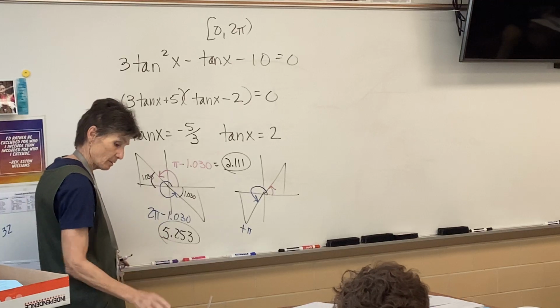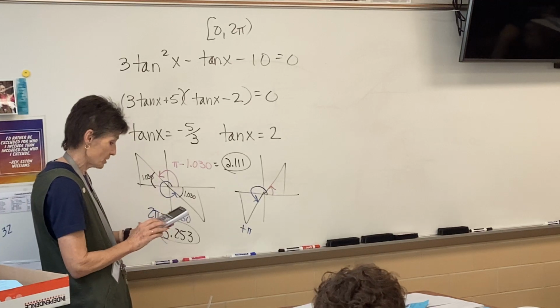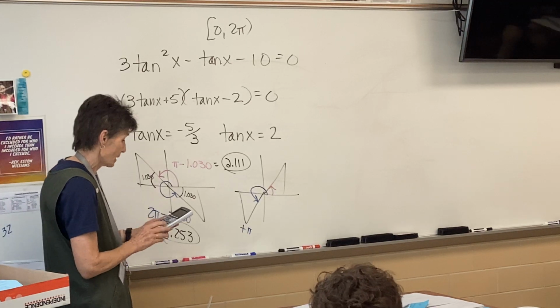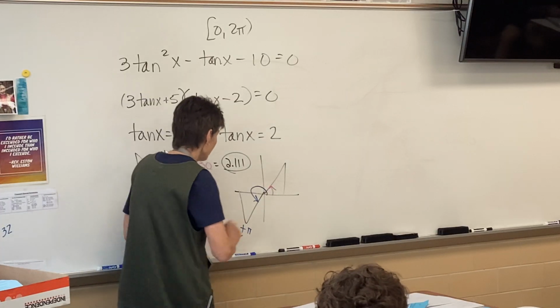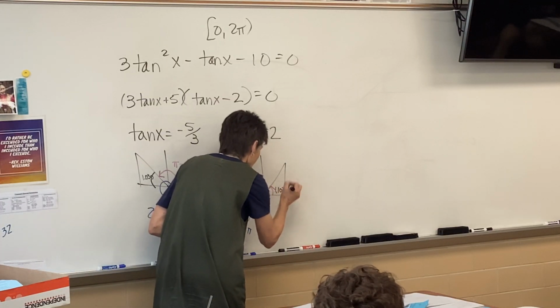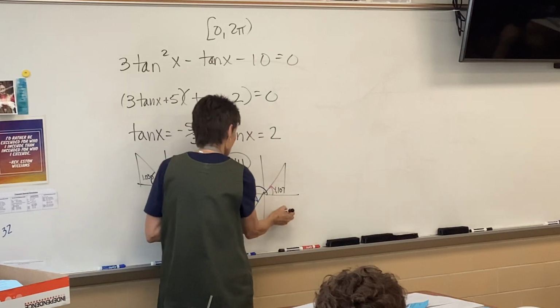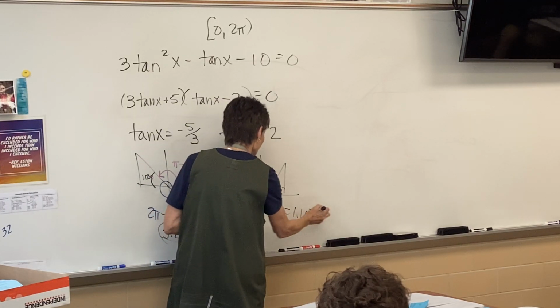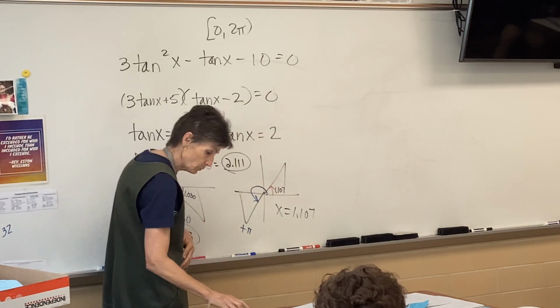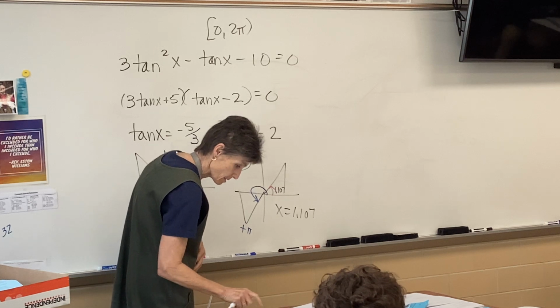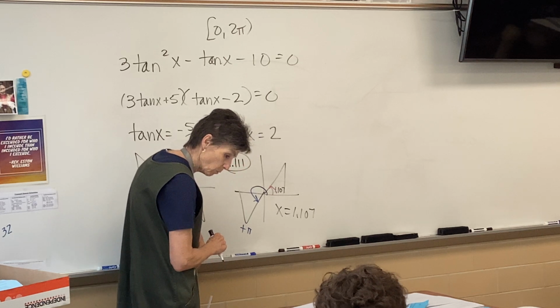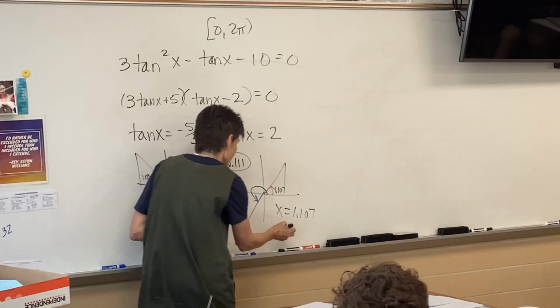So, second tangent 2, I got 1.107. So pink is 1.107, and blue is 4.249.